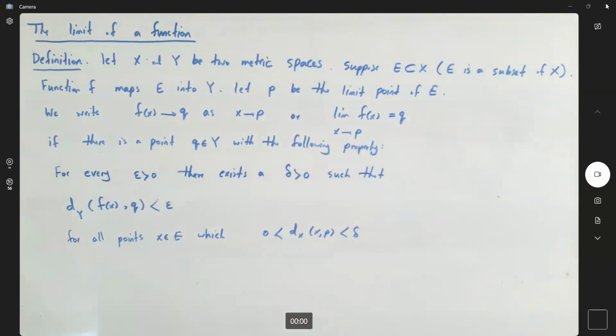Also recall the definition of limit point.